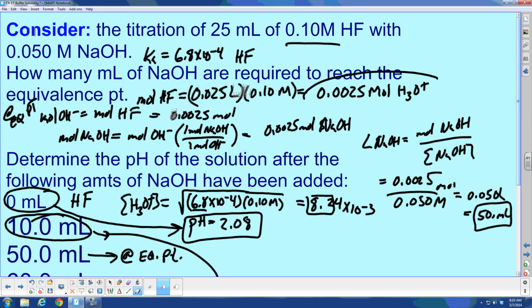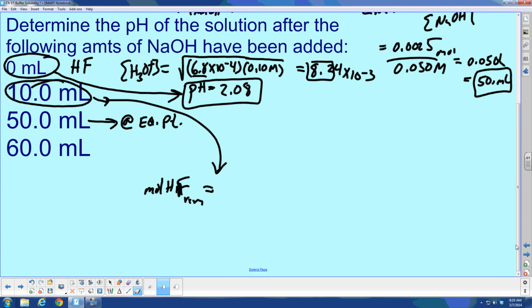Right here are my original moles of HF. So this is 0.0025. And how did I get that? Just in case you forgot, liters times concentration of HF, right? So that's moles, minus how many moles of hydroxide were added?